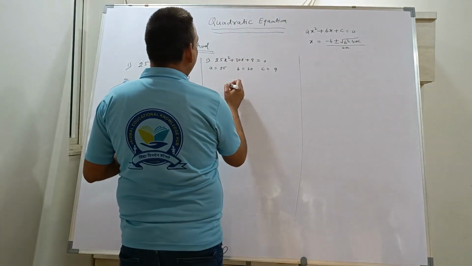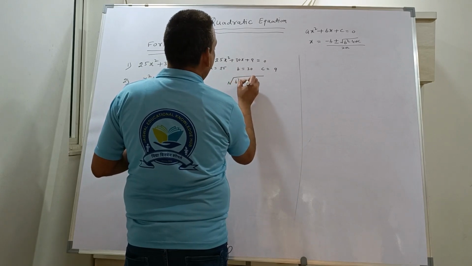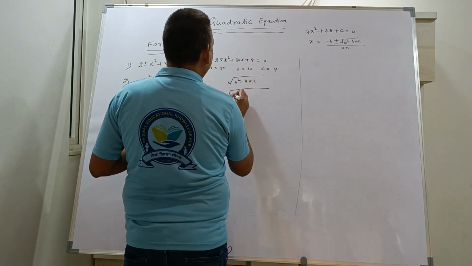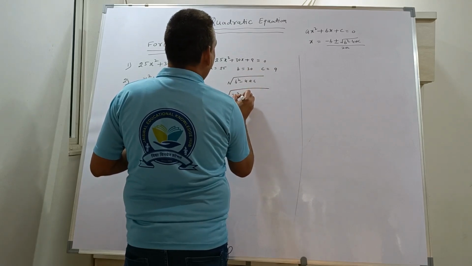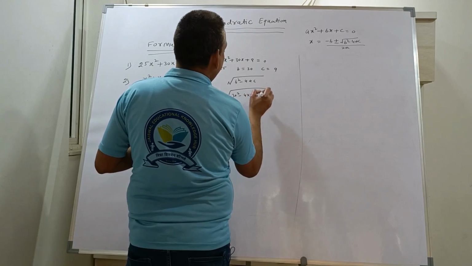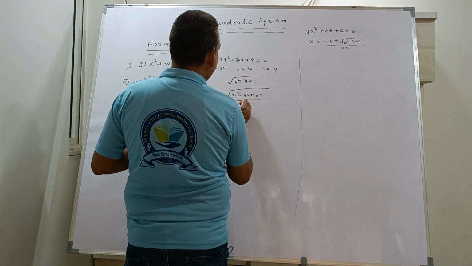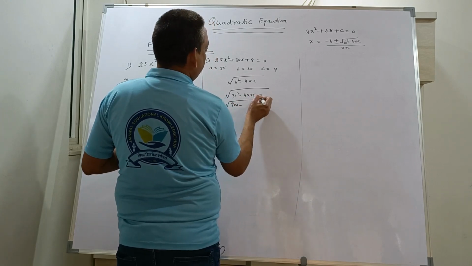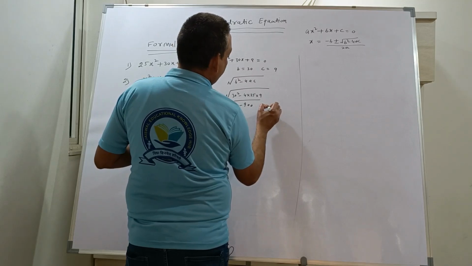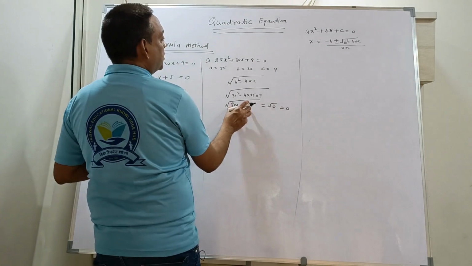I think we'll go with the first, this part only, b square minus 4ac, which is nothing but root of 30 square minus 4 into 25 into 9, which is root of 900 minus 900. So root of 900 minus 900 becomes root of 0, which is 0.